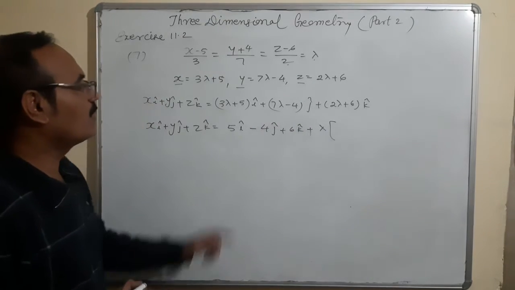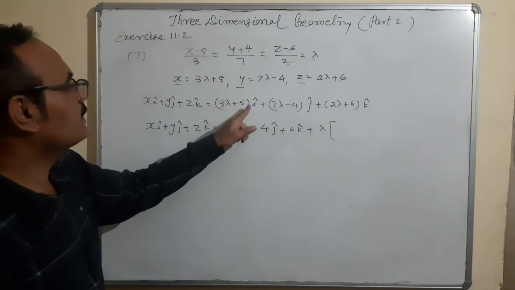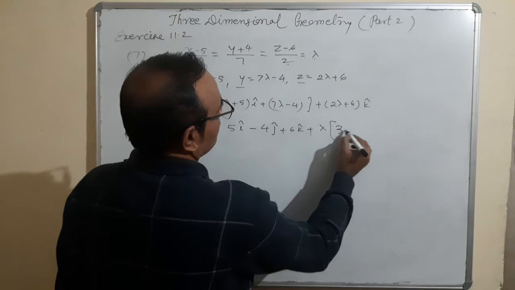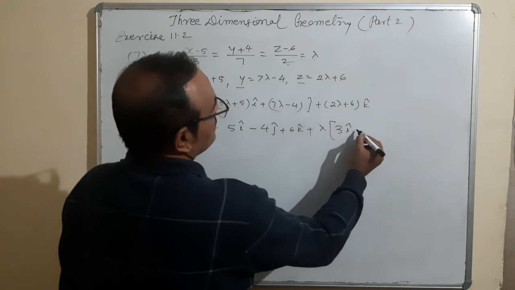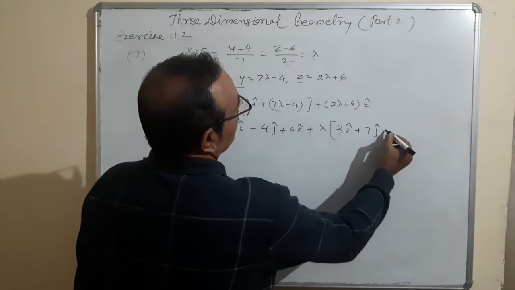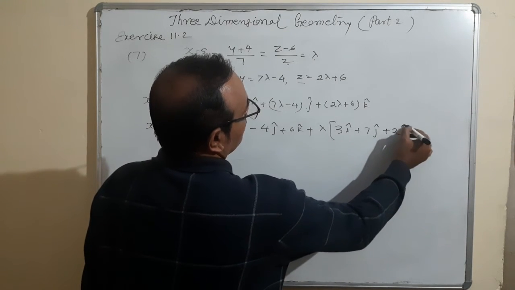When I take lambda common, it is 3 lambda i, so I'll write here 3i plus 7j and plus 2k.